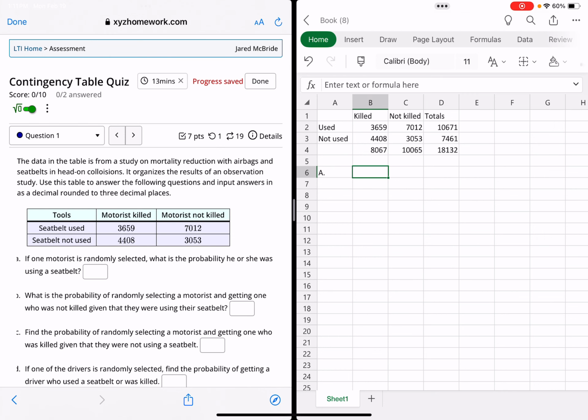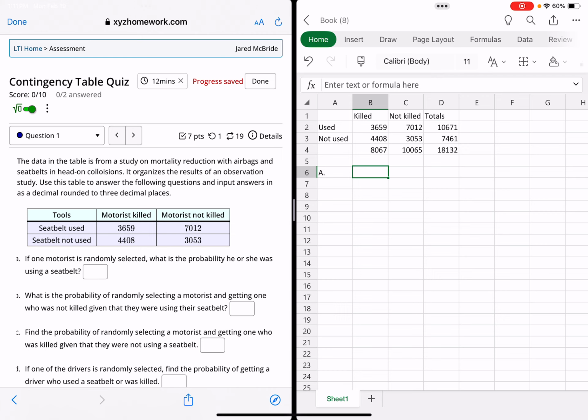The data in the table is from a study on mortality reduction with airbags and seat belts in head-on collisions. It organizes the results of an observational study. Use this table to answer the following questions and input answers as a decimal rounded to 3 decimal places.